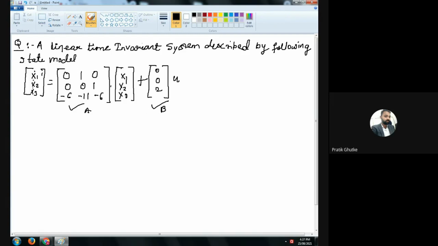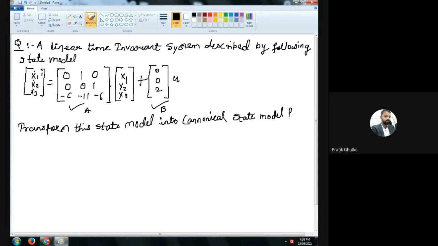What I have to find: transform this state model into canonical state model form.